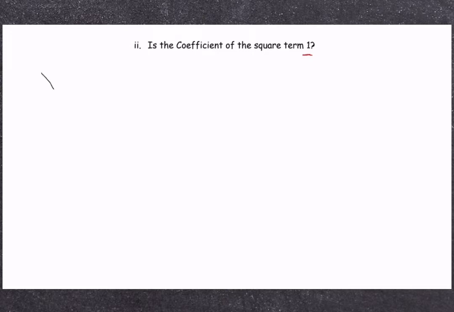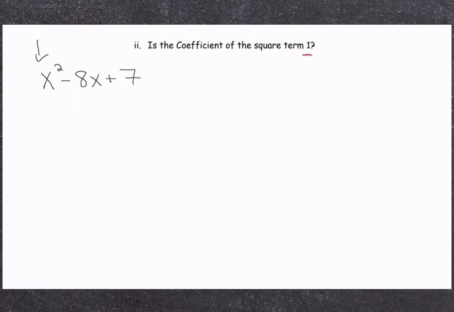So let's look at this example here. This is considered to be a trinomial, a polynomial with three terms, right? 1, 2, 3. So we have three terms. But if you look at the first term, there's no number in the front.